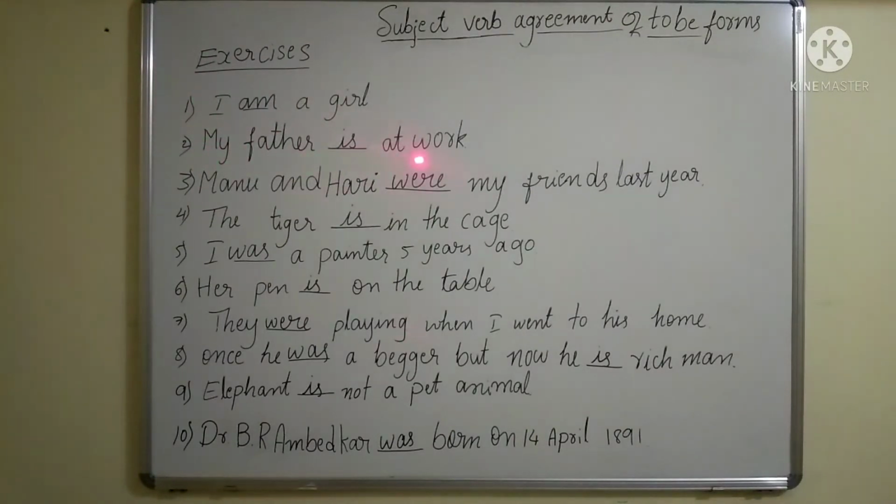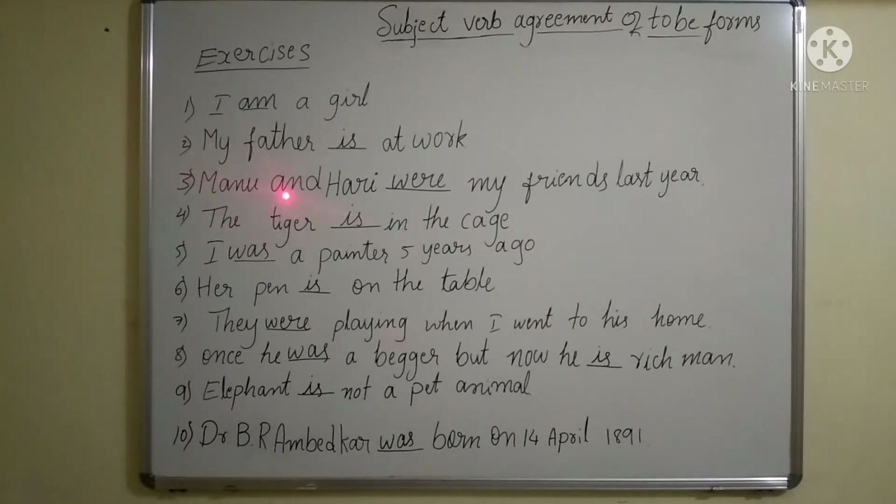This sentence is also in present tense. Why? Because there are no past tense linking words. Isn't it? See, there are no words which are linked to past tense. So it is present tense.